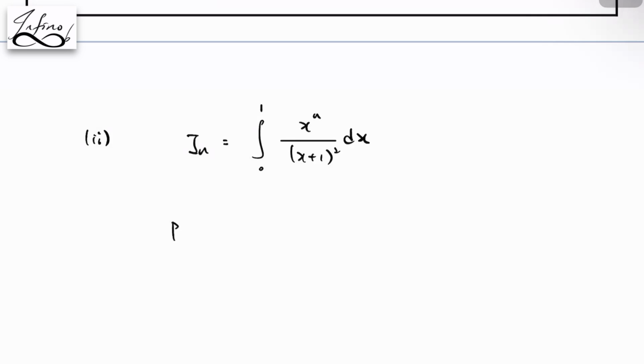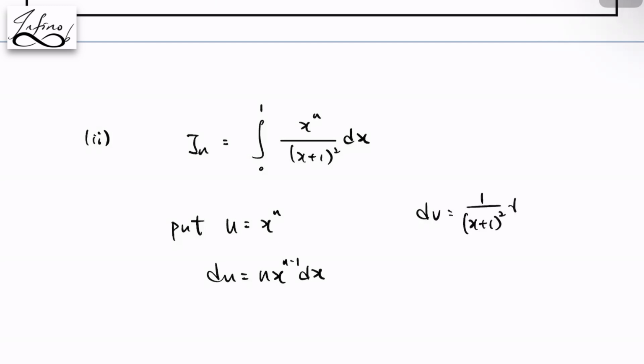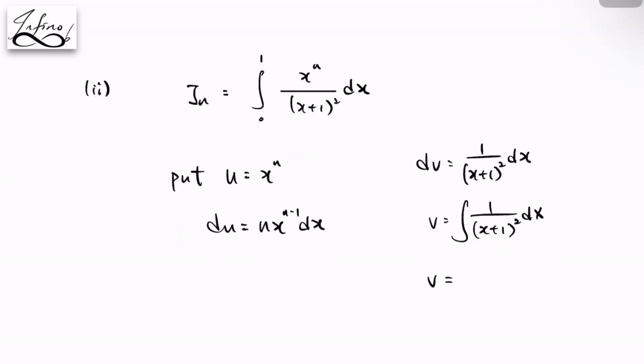So we will put u as the numerator, which will be x^n. So du will be simply, by the power rule, n x^(n minus 1) dx. That means dv will be 1 over (x plus 1) squared dx, so v will be the integral of 1 over (x plus 1) squared dx. If you are familiar with the integration rule, this is negative 1 over (x plus 1).